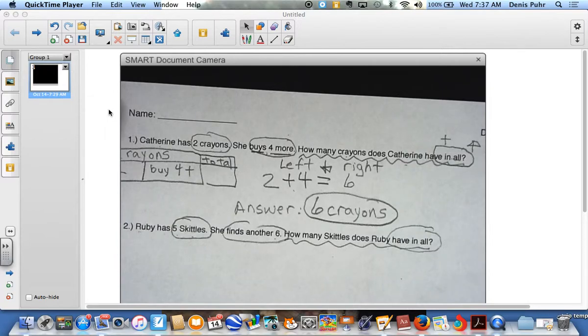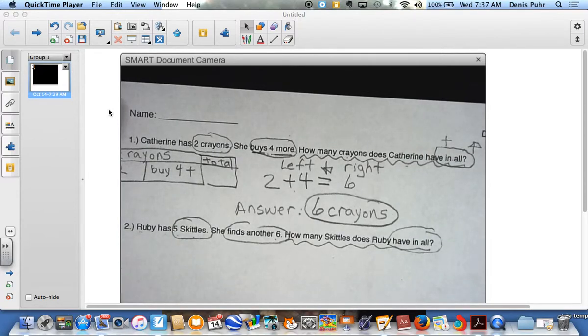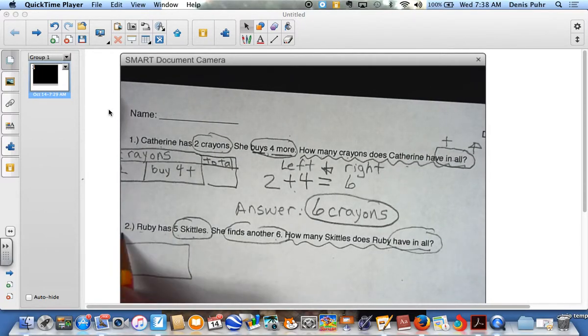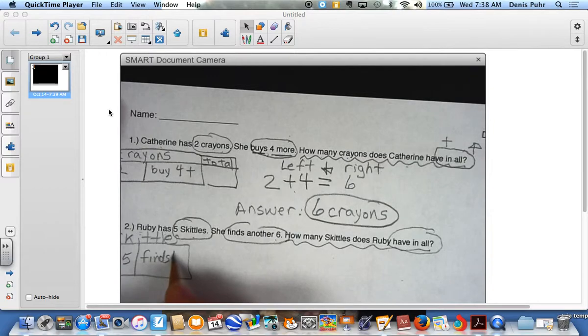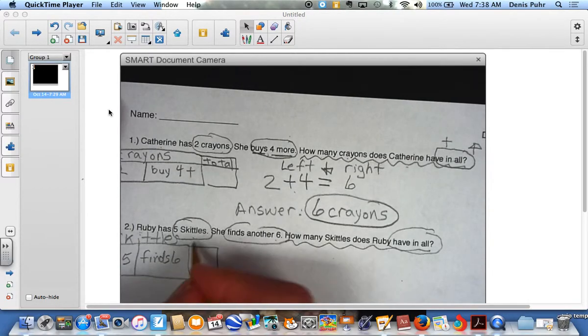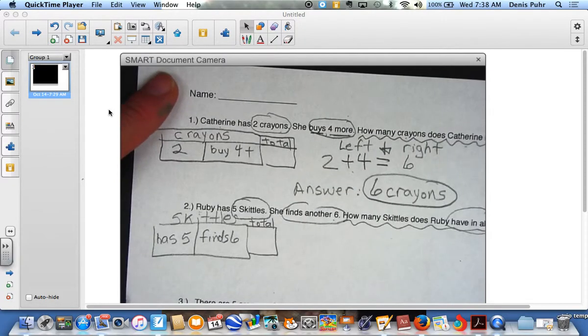Did you decide to draw a table? You could put a title on it, Skittles. She has 5. She finds 6. How many does she have in total or in all?